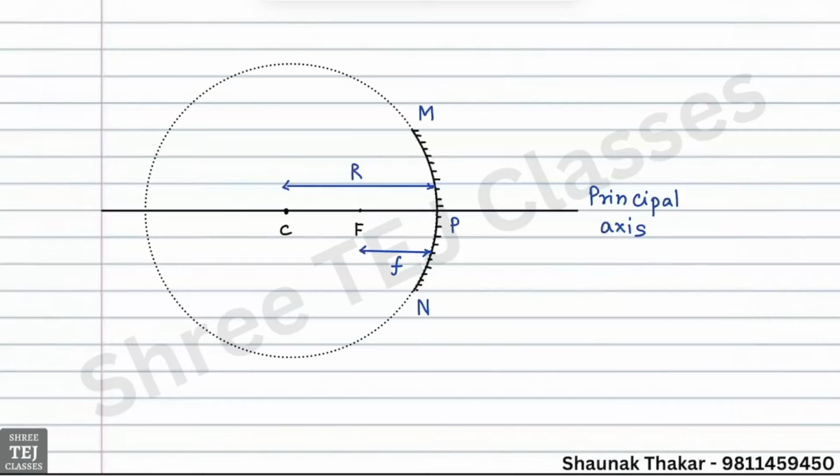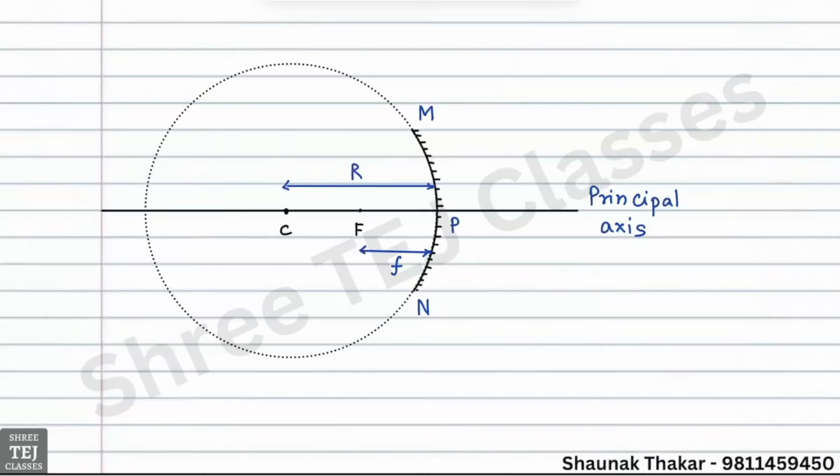The dotted part shows the original sphere. Spherical mirrors are mirrors which were originally part of a complete sphere. We have just taken a section of that sphere. Now the reflecting surface is curved inwards, so it is a concave mirror.